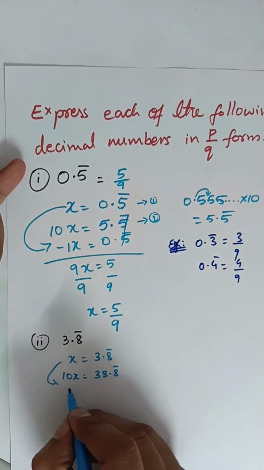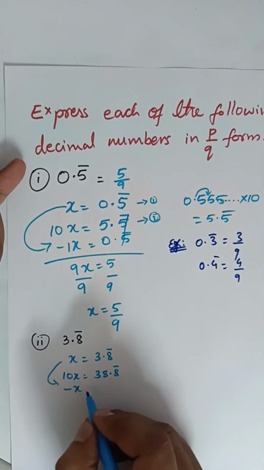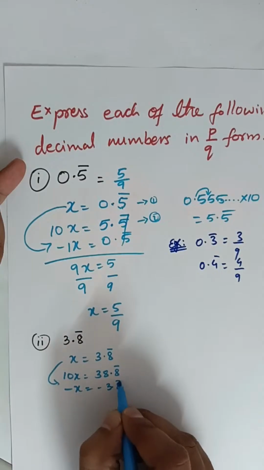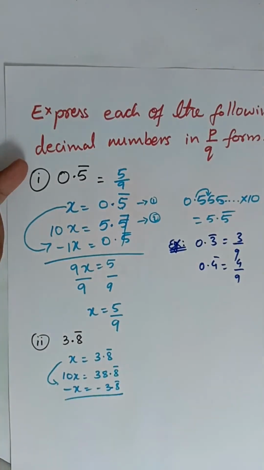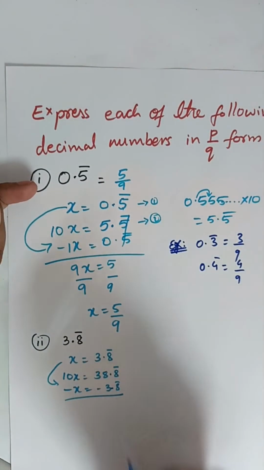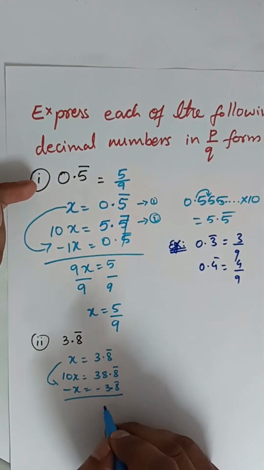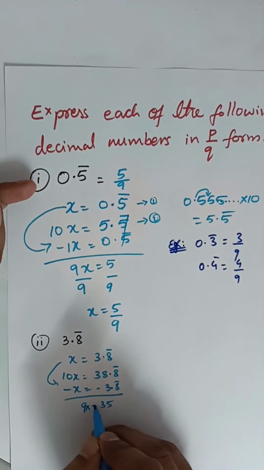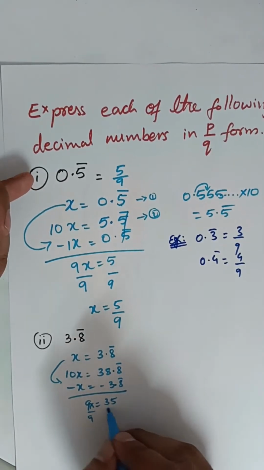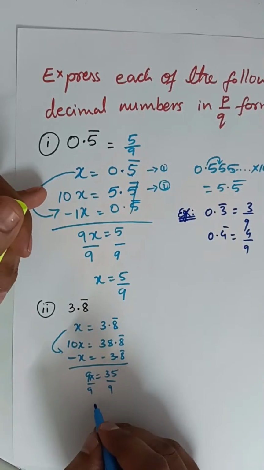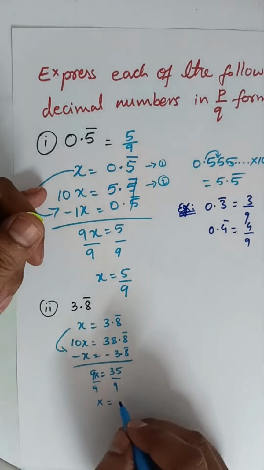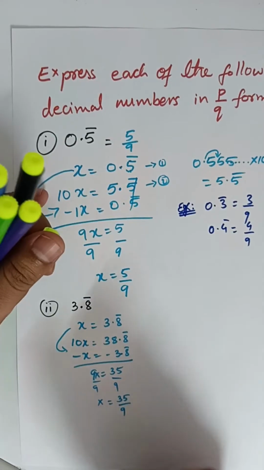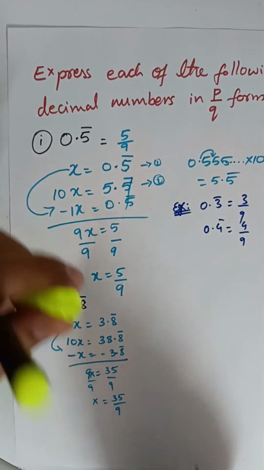Again subtract this here. 8 bar cancels. 38 minus 3 is 35. 10 minus 1 is 9x. Divide both sides by 9. You will get x is equal to 35 by 9.